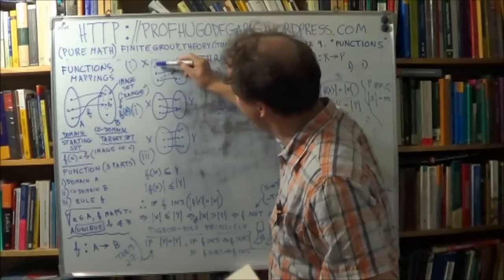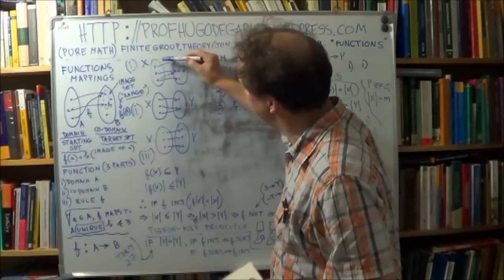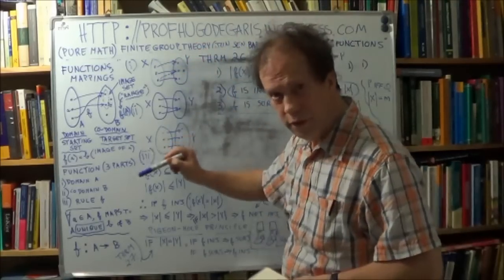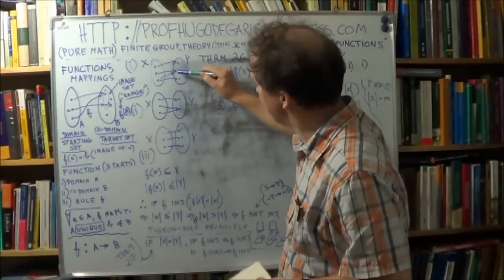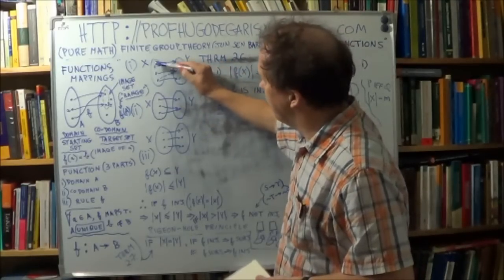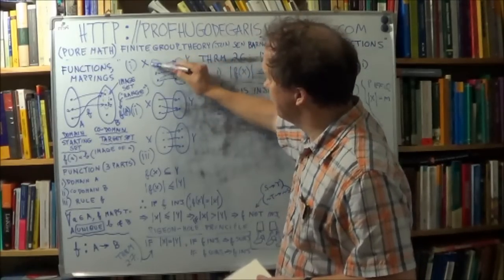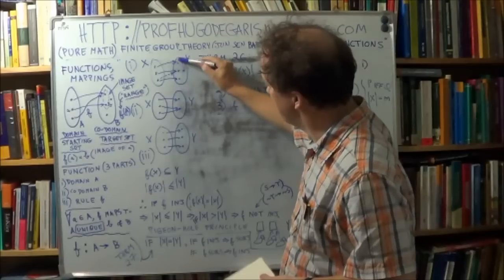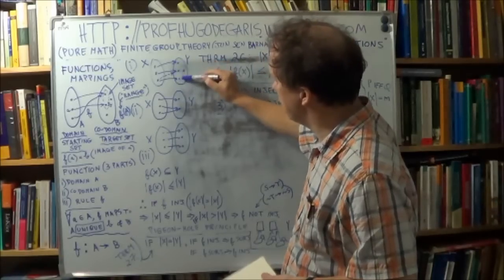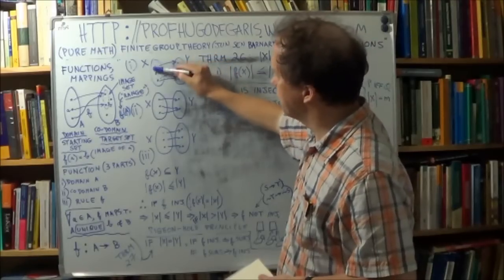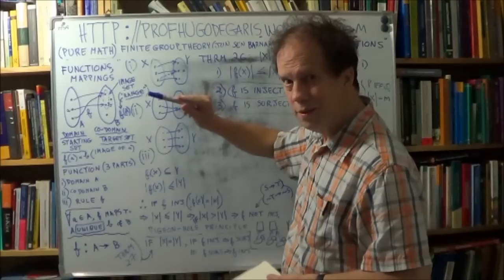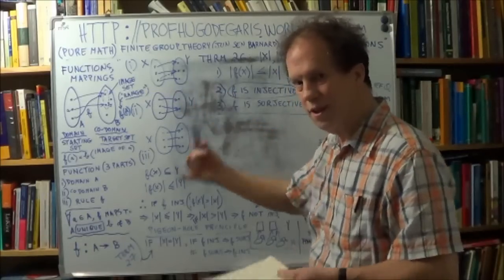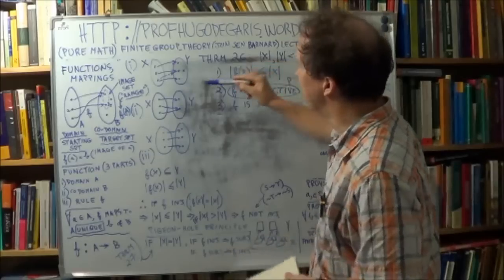If every image is different, like this one's different, then the size of your image set, the size of your range, will be equal to the size of your starting set. Does that make sense? Because what I've just said is the essence of the proof of this one.